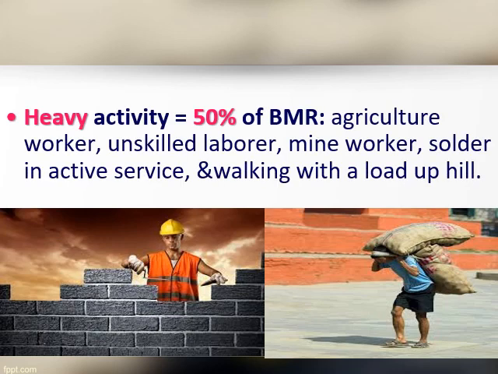Also, according to the rough classification, heavy activity represents 50% of the basal metabolic rate, like agriculture worker, unskilled laborer, mine worker, soldier in active service, and walking with a load uphill.